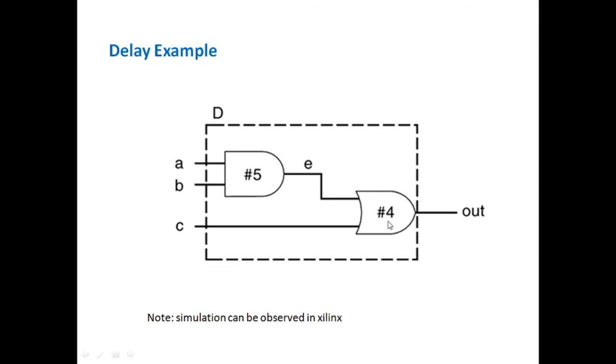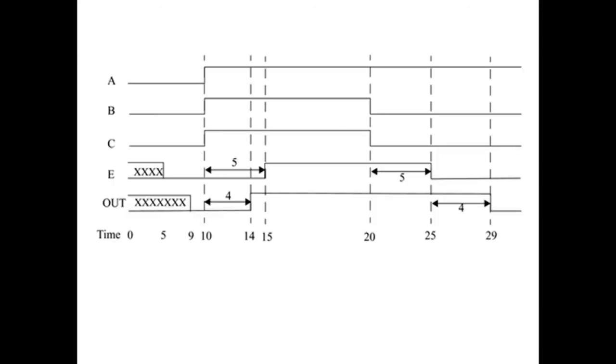But because of the delay provided by the OR gate, the output will come to logic 1 after 4 seconds. So C started logic 1 at 10 seconds, that means out will start its logic 1 at 14 seconds. So at 14 seconds it will rise to logic 1.